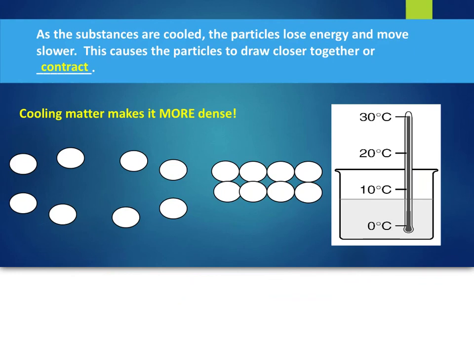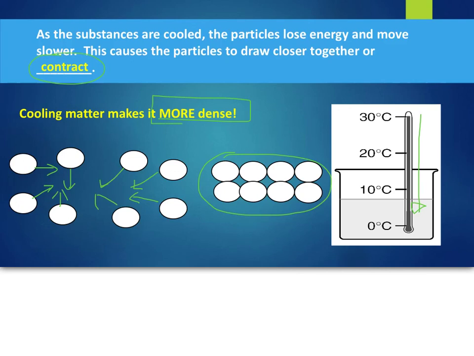As the substances are cooled, the particles will lose energy. They will contract. So they go from being far apart to close together. Once they get close together, as the temperature decreases, they're going to become more dense.